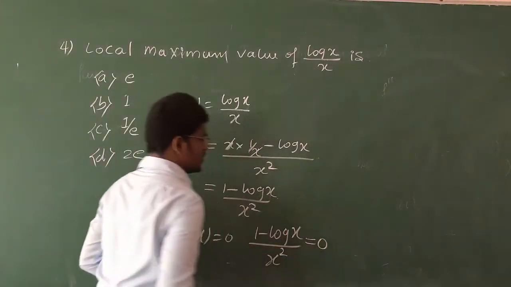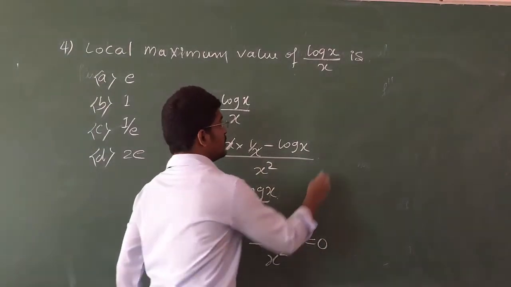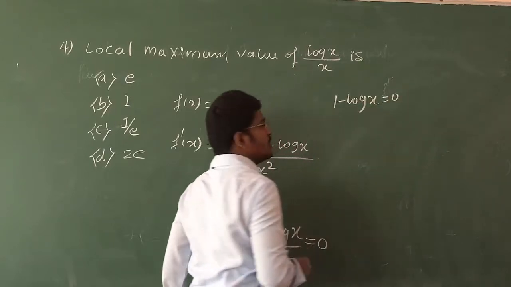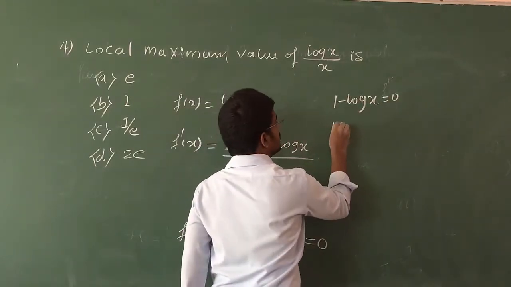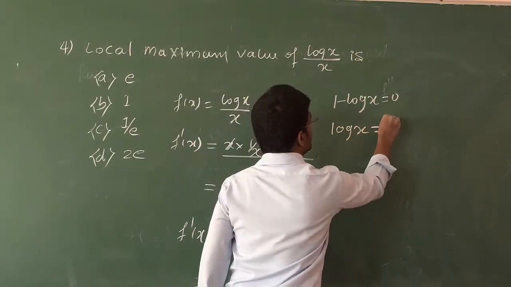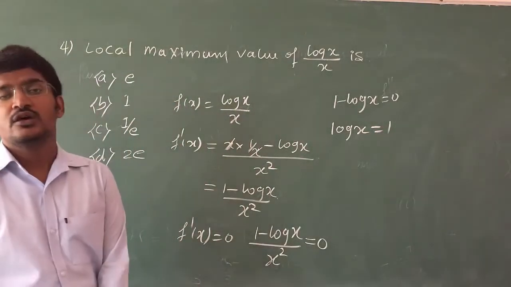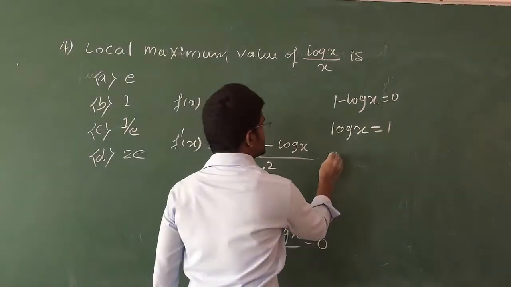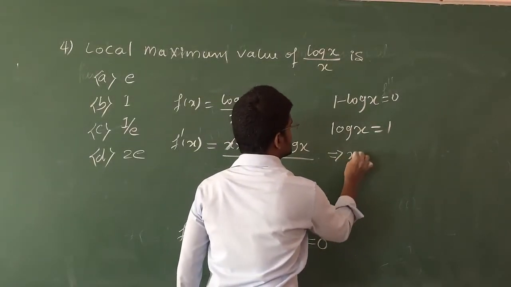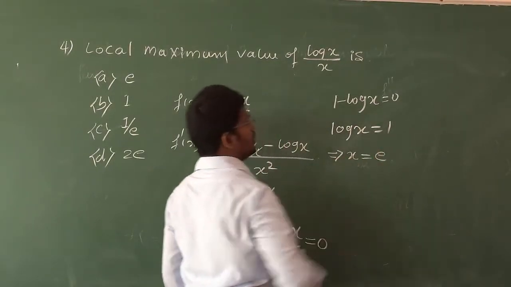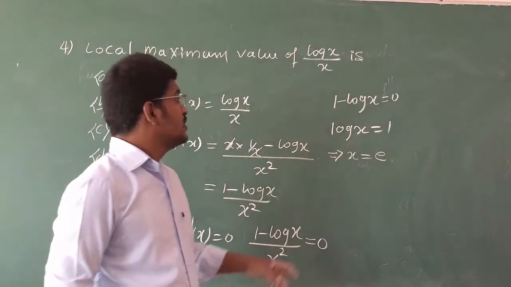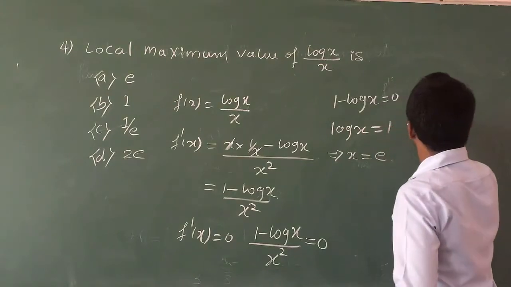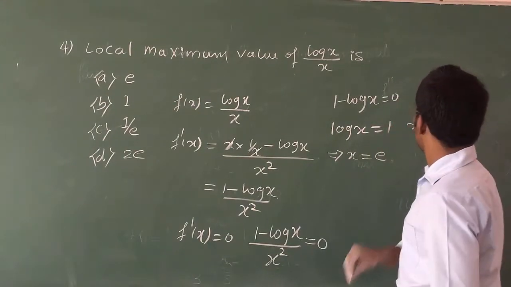Equating this term to 0 and simplifying, 1 minus log x equal to 0, so log x equal to 1. Clear? So log x equal to 1 implies x equal to e, because if I take the exponential on this side, it will be x equal to e to the power of 1.